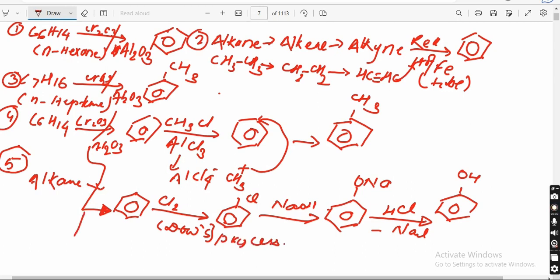What is the next method by which you can convert? You can react this benzene with conc. H2SO4. That is sulfonation, right? So this will provide you SO3H over here.